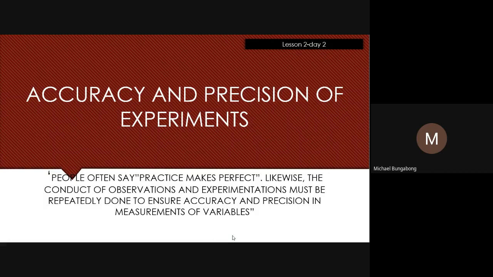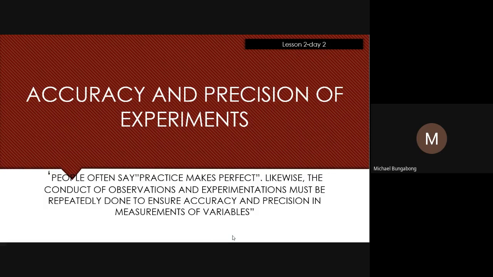Okay? So, pag sinabi kasi natin, class, na precision, it depends. Wait lang. So, pag sinabi lang natin precision, class, it is the quality or condition or fact of being exact and accurate.